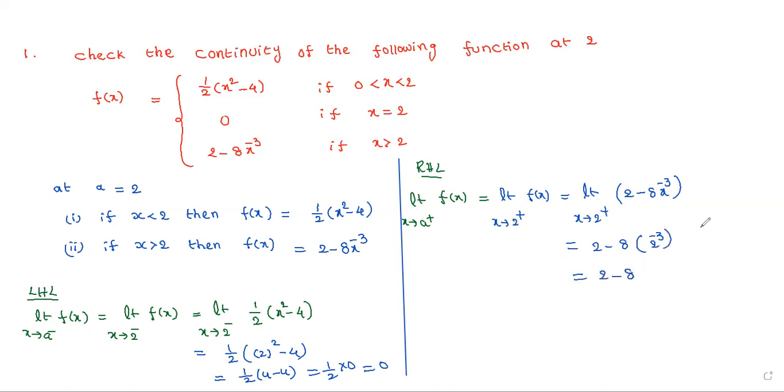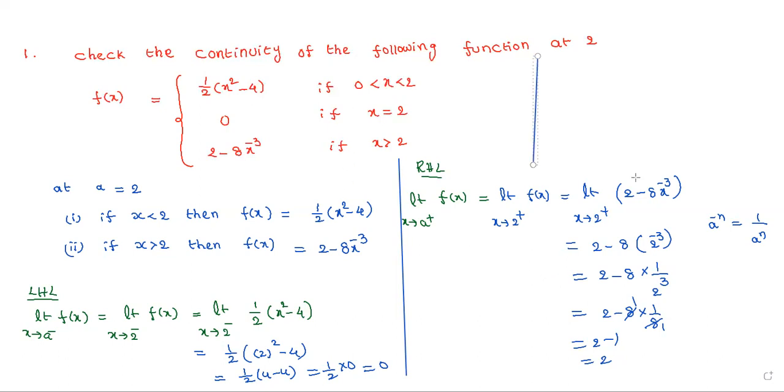A power minus n can be written as 1 by a power n. So 2 minus 8 into 1 by 8, 2 minus 1, that is the value 1. What do you observe? Both are not same.